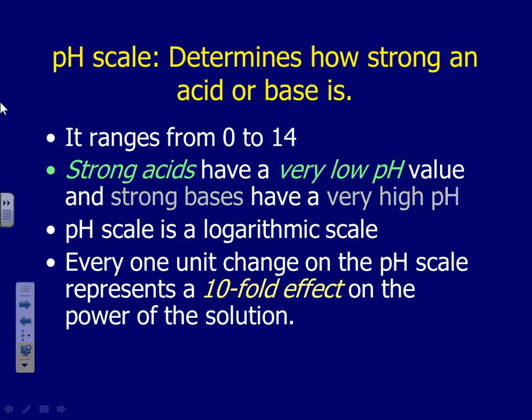You might think there's not a big difference between a pH of 1 and a pH of 0, but this has a concentration of 0.1, and this has a concentration of 1. 0.1 molar HCl would have a pH of 1, and 1, and I'll put a big capital M in there, 1 molar HCl has a pH of 0.